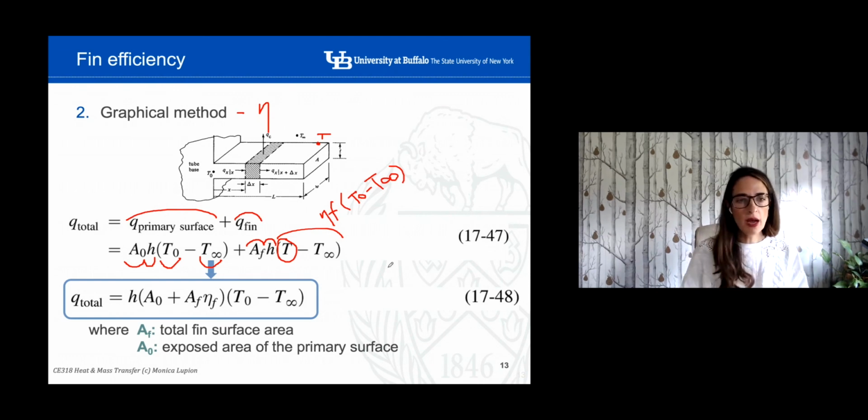So I play around with this and I group different terms, and now I can say that the total heat is equal to H, which is known, the area of the primary surface, the area of the fin efficiency, which I don't know the value, and I will explain you in a minute, T0, which is also known, and T infinity, which is also known. So as soon as I get the value of the fin efficiency, I will be able to calculate the total heat considering an extended surface.